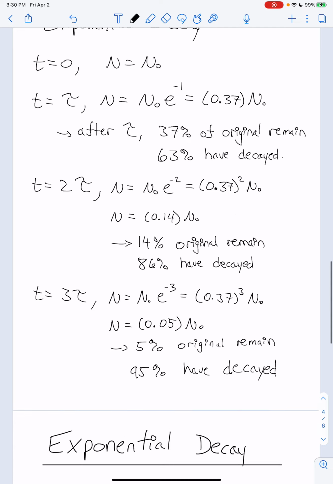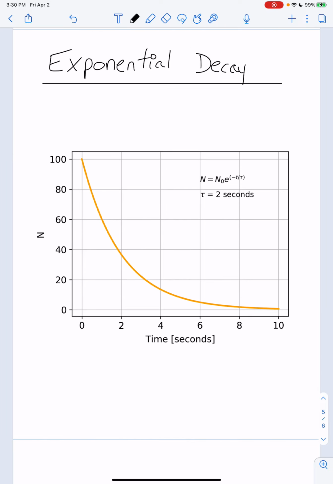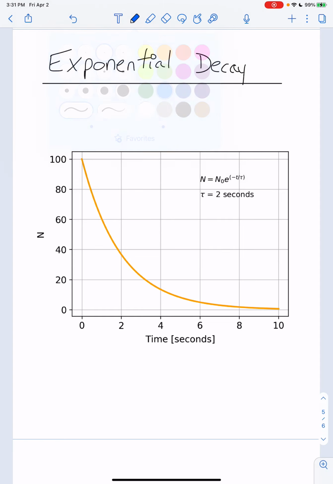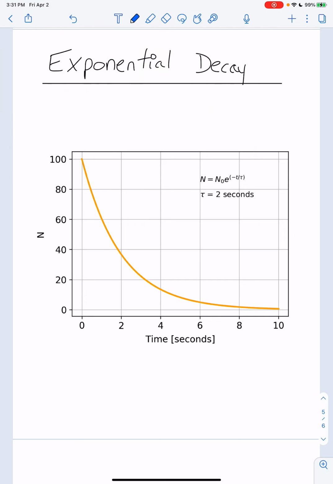I've plotted this out as an example where we have exponential decay of some sample, and I chose to start the sample with 100 so that it's also going to match up with percentages. So let's note a couple of things here. What's going to be our tau value?